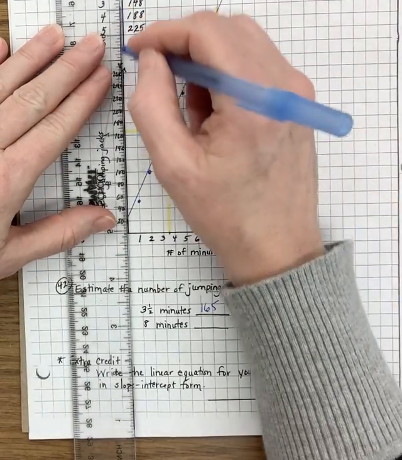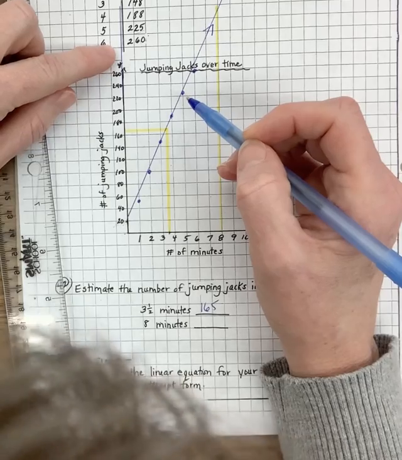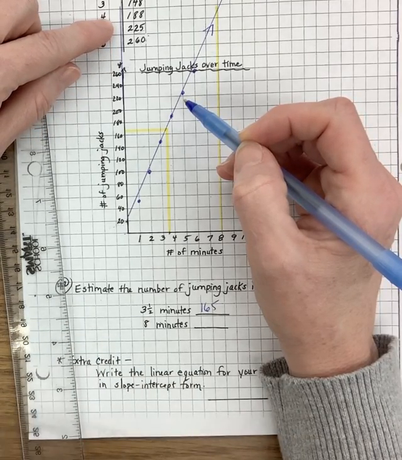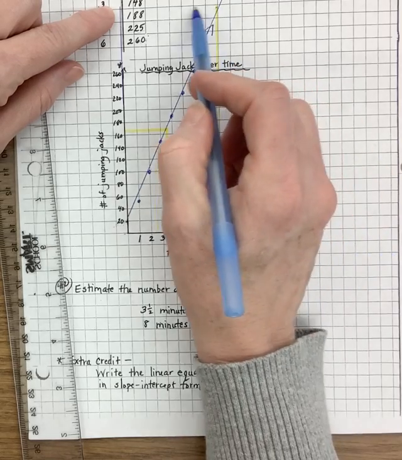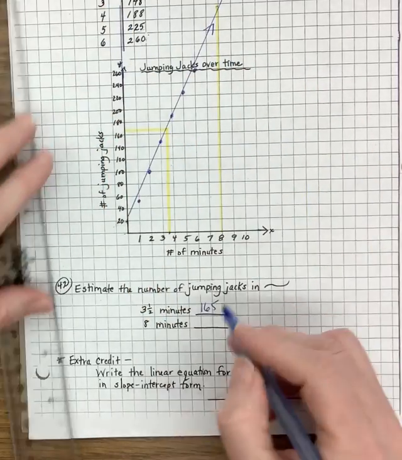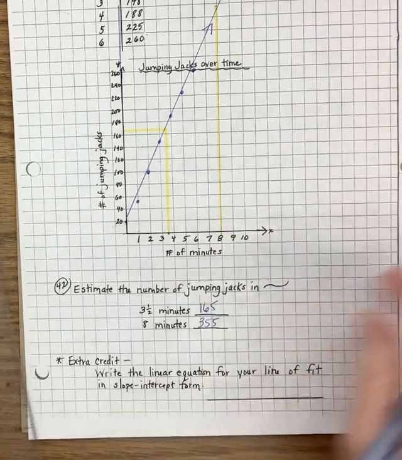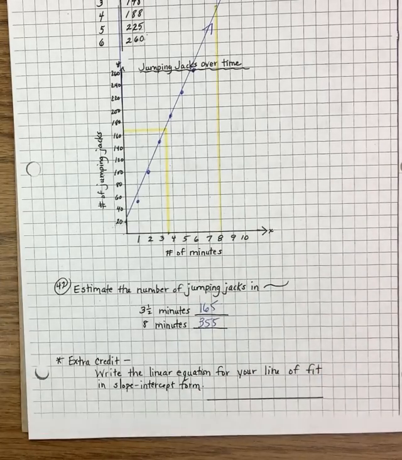I'm gonna extend it and just see 280, 300, 320, 340, and that would be 360. So if I go across there, it's going to be a little less, so maybe 355. And they're just approximation based on my line of fit. Clearly, I could do a more accurate job if I took my time on that.